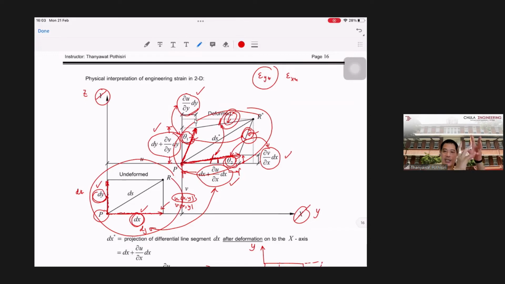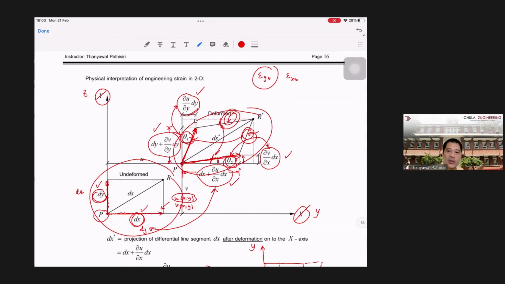So the shear strain component basically tells you the change of angle in each set of planes. Change of angles in the XY plane is described by gamma XY or epsilon XY.